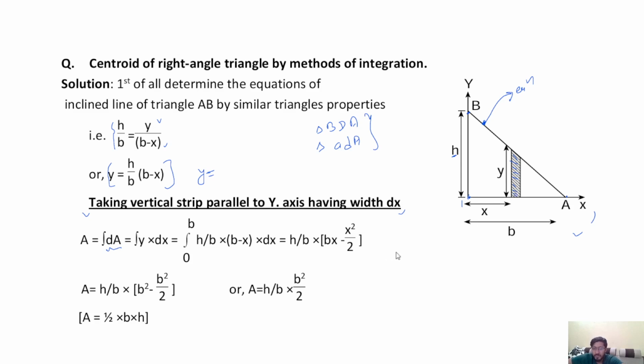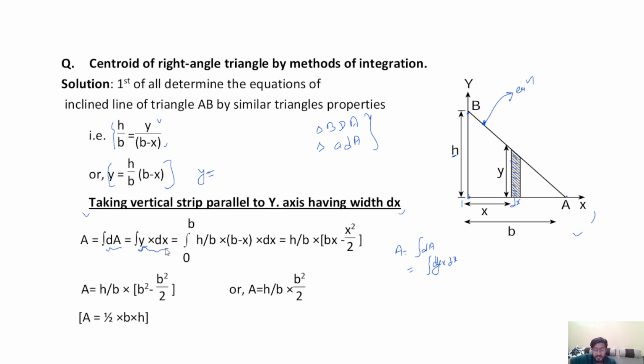That's why overall area A is equal to the integration of this small strip area dA. For the small strip area, the height of the small strip is y and the width is dx. So area of small strip dA is equal to y times dx.